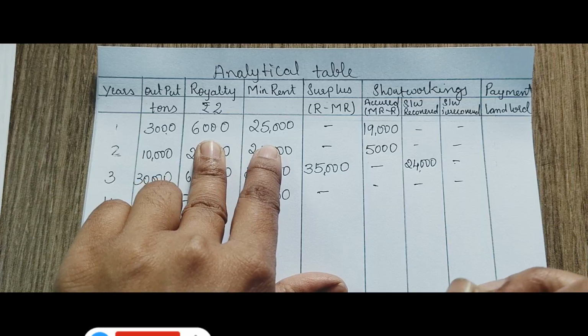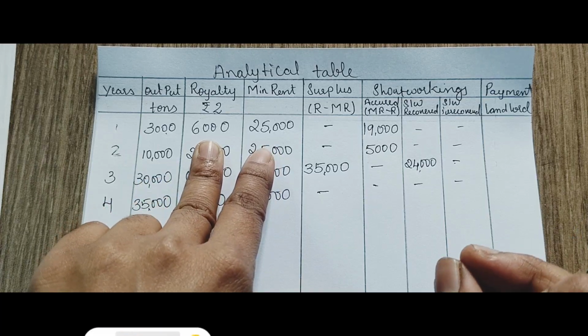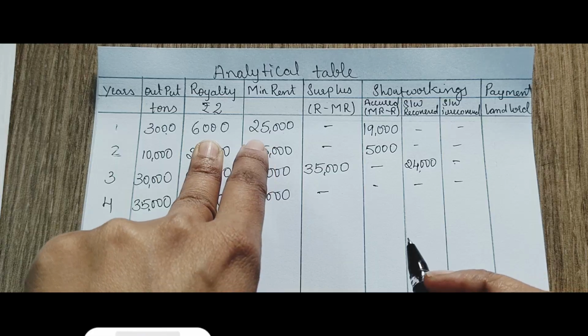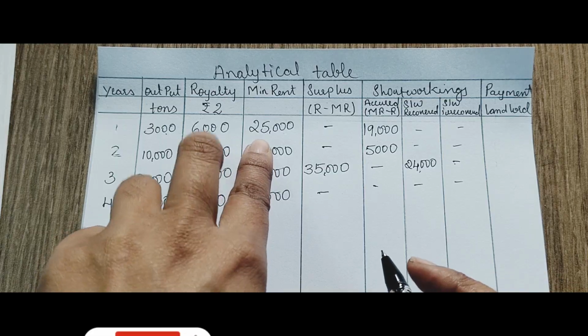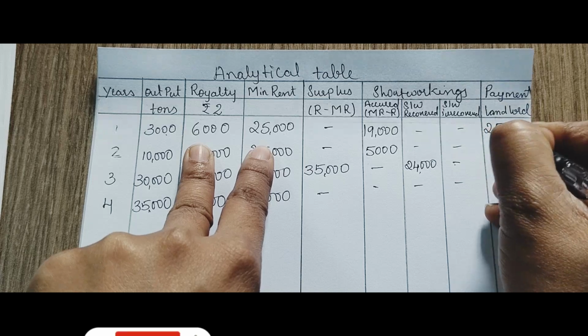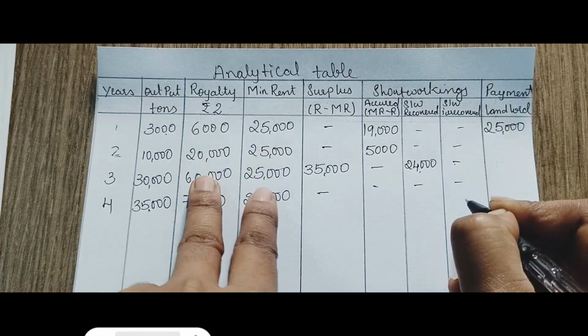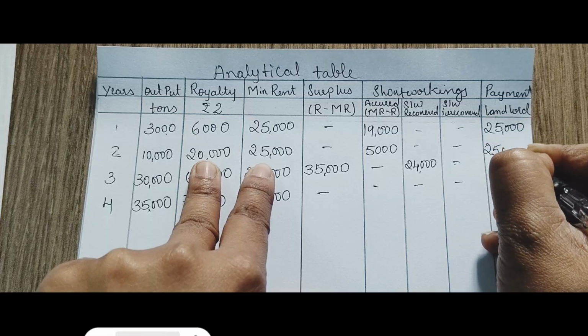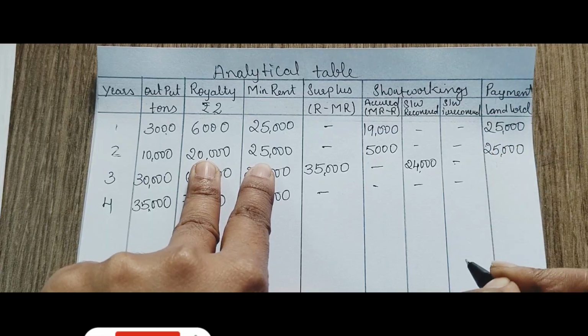You have a guaranteed amount to the landlord when your output is less. So this is the guaranteed amount: 25,000 is what you are paying to the landlord. Second year also your minimum rent is more, so the same minimum rent you are paying to the landlord.